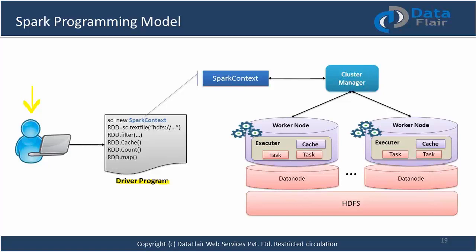Driver program is the main unit of your execution, from where your actual execution will start. Driver program creates the most important object that's called Spark context. Driver program is your main function, the start of execution for the application.